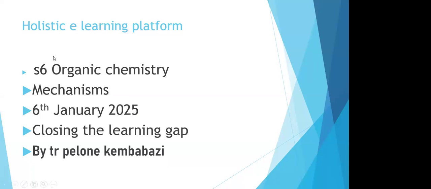So organic chemistry, as we have been covering it in senior 5, today specifically I will handle mechanisms, how to do some mechanisms depending on different types of reactions that we have in organic chemistry. Organic chemistry is one of the parts of chemistry where most of us, the learners, like attempting.